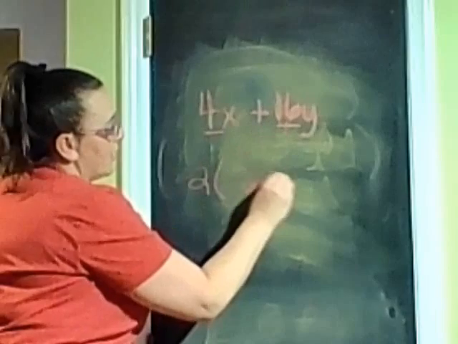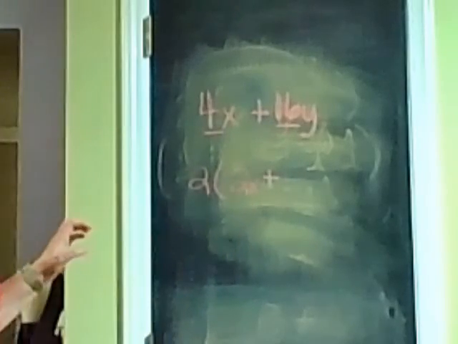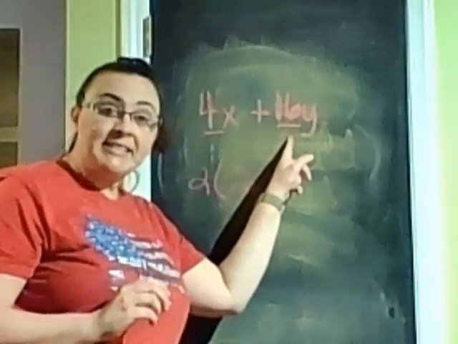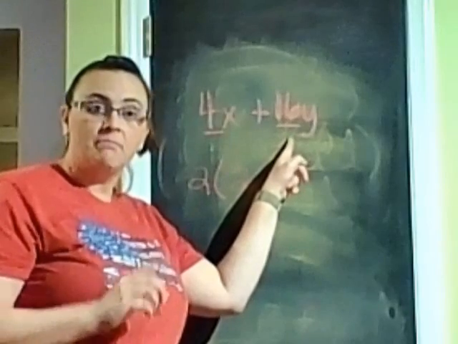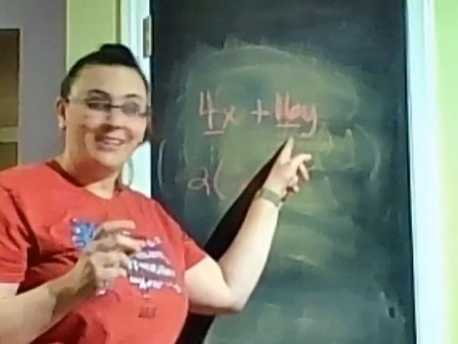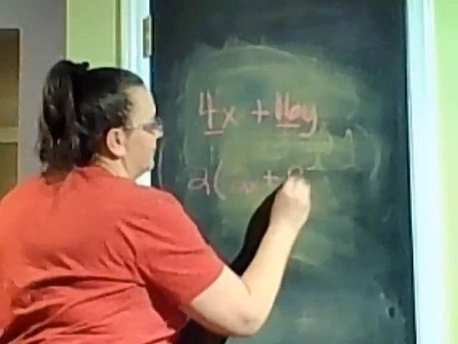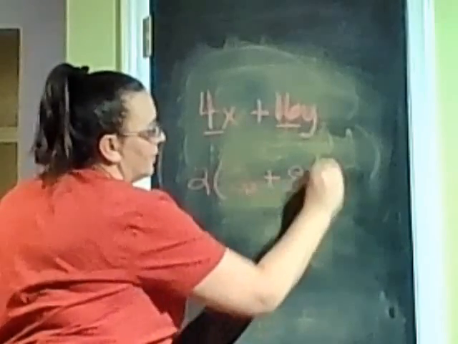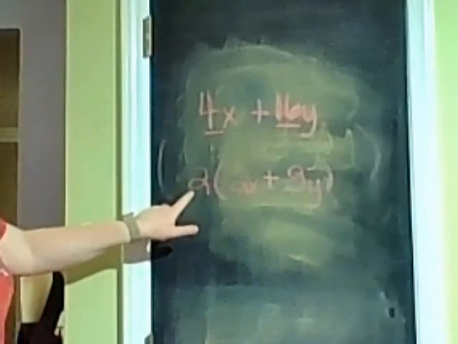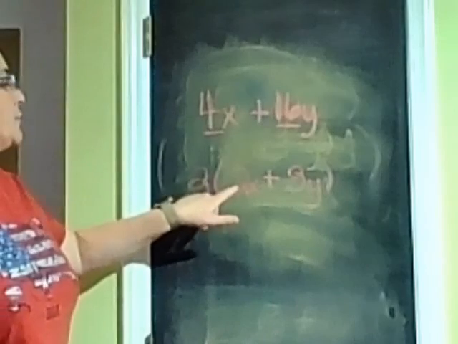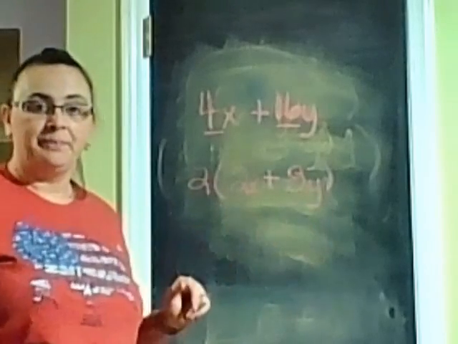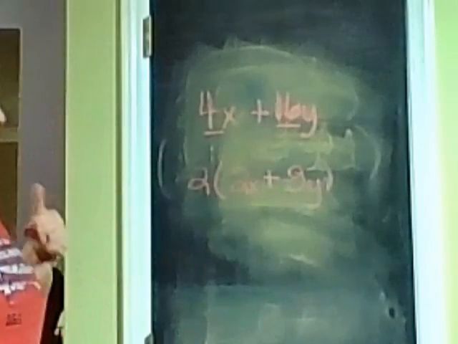It's the plus, so that stays the same. So what if I divide 16 by 2? What would that be? You're right, 8. So that leaves me with 2 times 2x plus 8y. That would be how we do it backwards.